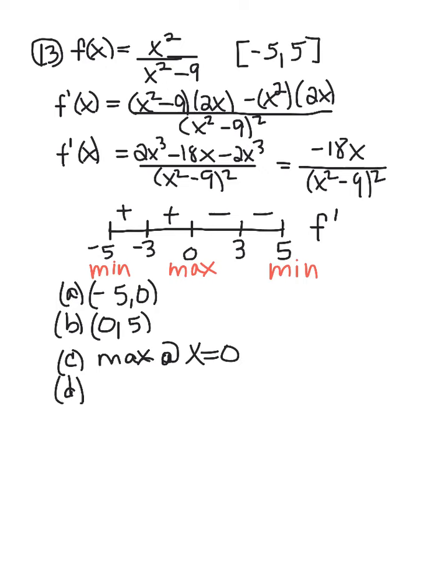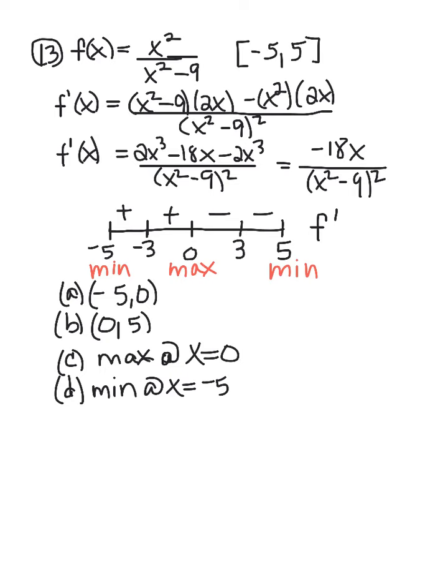So first we're going to start with a min at x equals -5. Now, we did discuss this yesterday, so I'm going to repeat it again. You have a minimum at x equals -5 because your function after this point is increasing, which makes this a minimum. It's starting lower than everything that's coming after it.